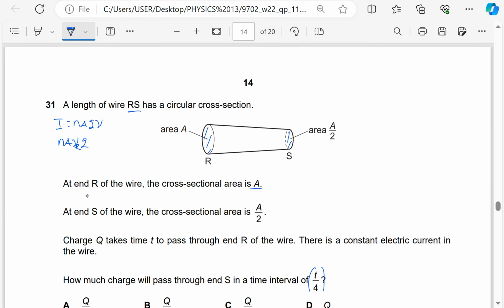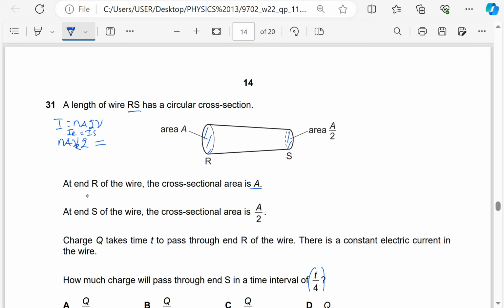I'm considering small charge q. Then the current on the other side should be the same as the current on this side. I'm saying I on R is the same as I on S.